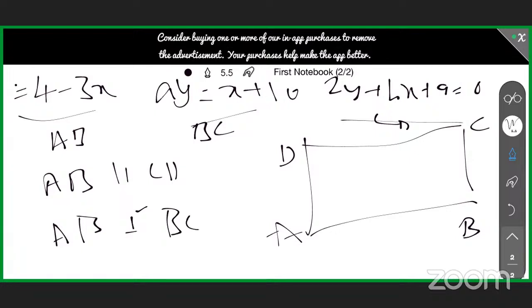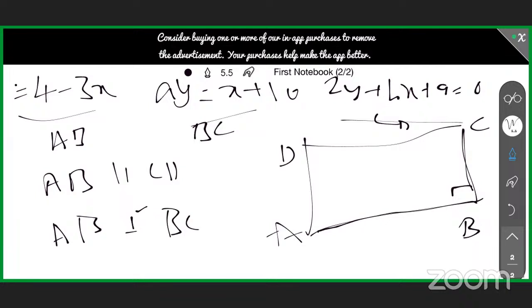You know that in a rectangle, all four angles are 90 degrees. So we have got two conditions from the rectangle diagram: AB is parallel to CD and AB is perpendicular to BC. Then we simplify the equations to find the values of a and b.